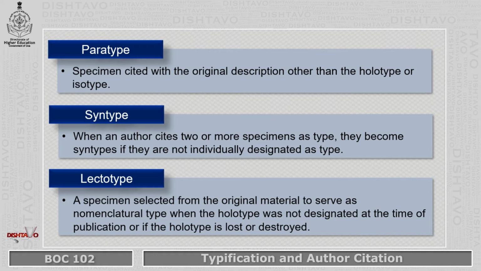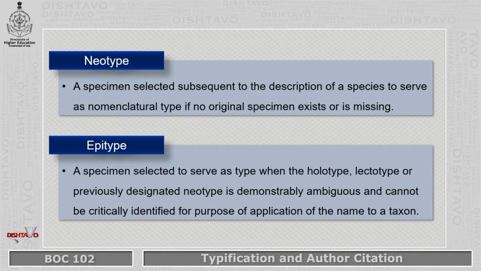Lectotype is a specimen selected from the original material to serve as nomenclatural type when the holotype was not designated at the time of publication, or if the holotype is lost or destroyed. Neotype is a specimen selected subsequent to the description of the species to serve as a nomenclatural type if no original specimen exists or is missing.